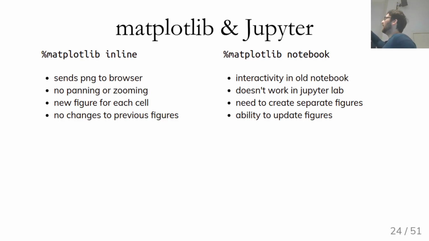This is JavaScript based and doesn't work in Jupyter Lab. But it works in your Jupyter Notebook, and this allows you to update existing figures, and it gives you interactivity, so you can pan and zoom. By default, Matplotlib doesn't have any brushing, which many of the other libraries do.